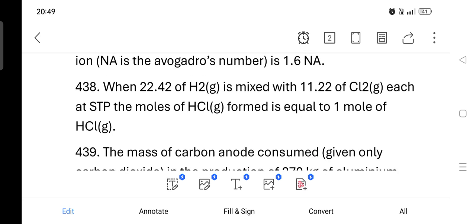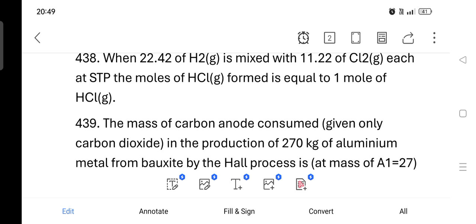When 22.4 L of H2 gas is mixed with 11.2 L of Cl2 gas, each at STP, the moles of HCl gas formed is equal to 1 mole of HCl gas.